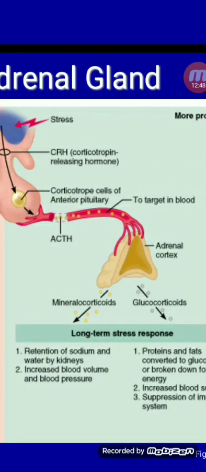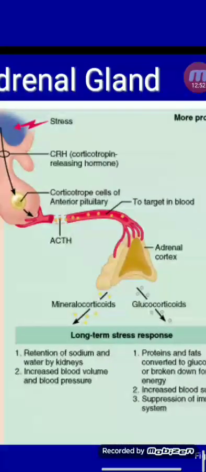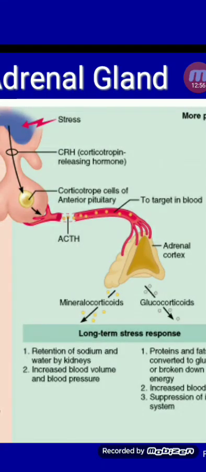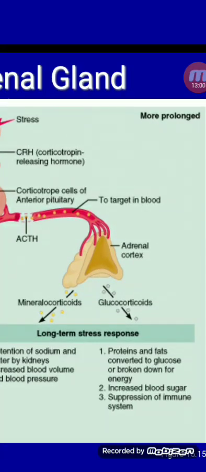Retention of sodium and water by kidneys, increased blood volume and blood pressure. These are by mineralocorticoids, and by glucocorticoids, proteins and fat converted to glucose or broken down for energy, increased blood sugar, and suppression of immune system.